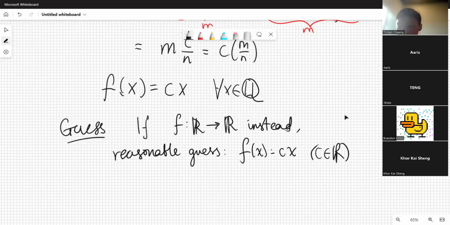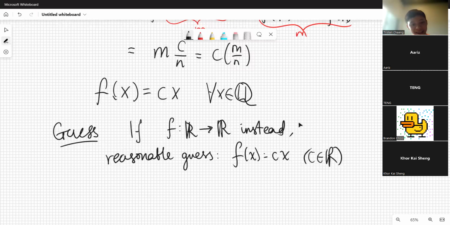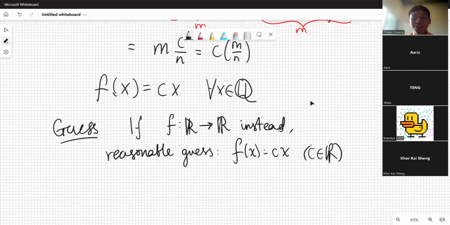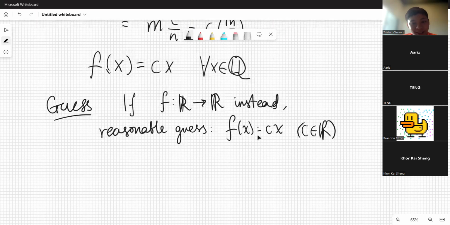And someone asked, do we just define f(pi) to be something new? Yes and no, and we will take a look at what conditions allow us to do that. So in fact, this guess turns out to be not very correct. You must have some backup supporting condition for you to conclude this.